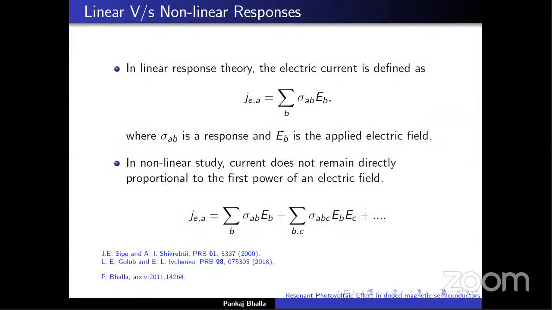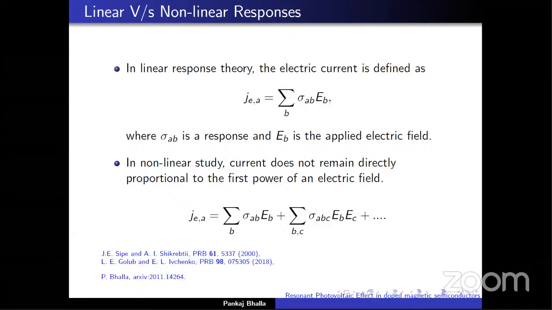Let me start with the basic linear versus nonlinear response. Within linear response theory, we use the basic definition J proportional to the first power of the field. We give a field to a material and study everything in terms of the response, which we term conductivity, a second rank tensor.